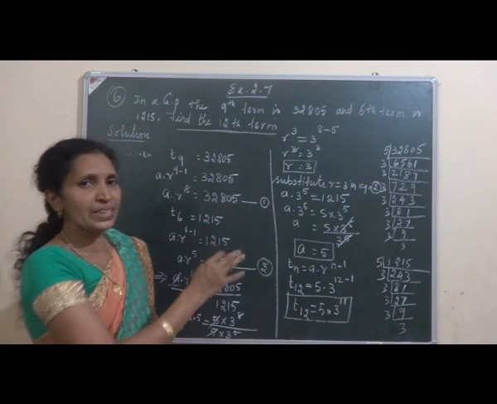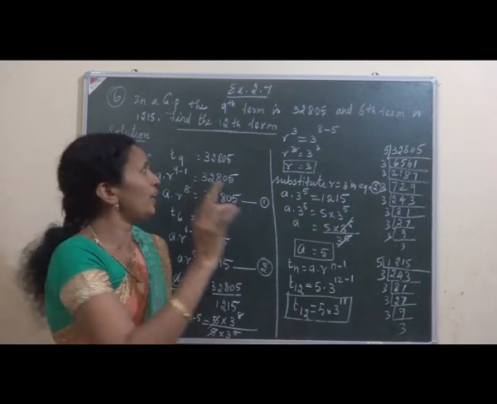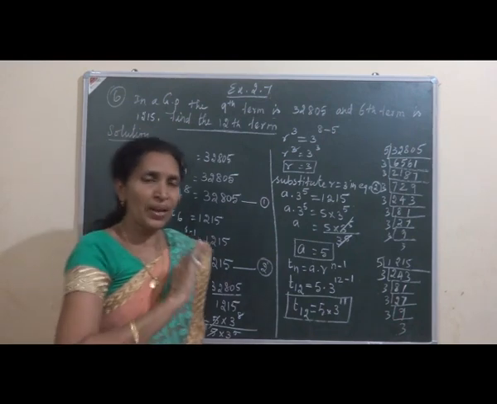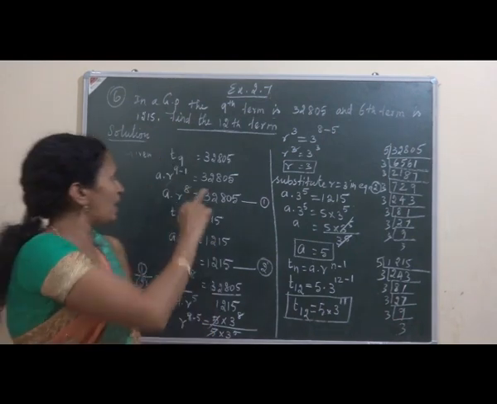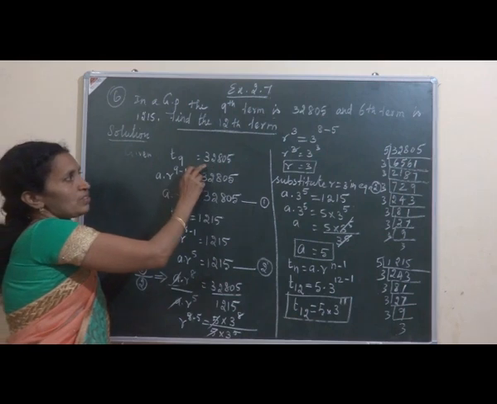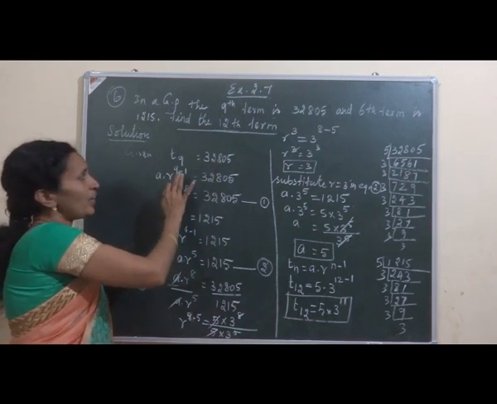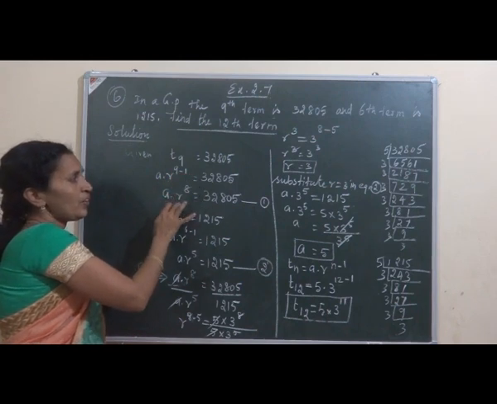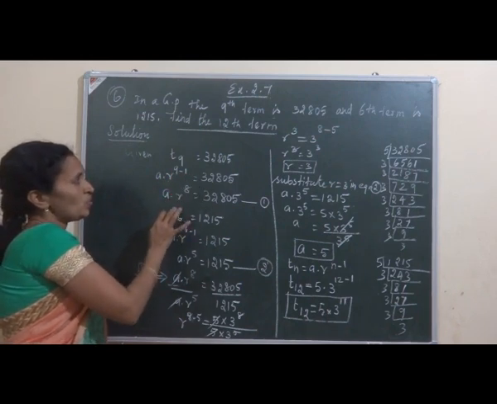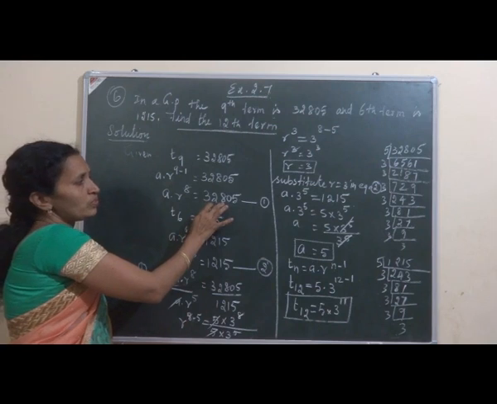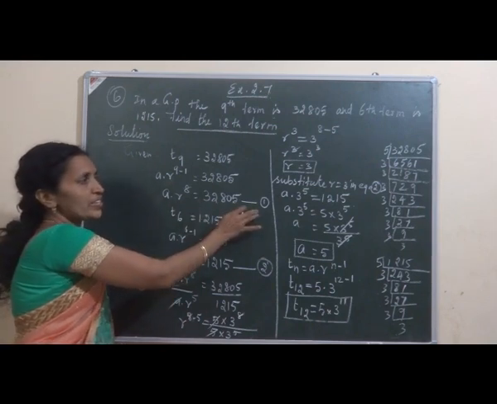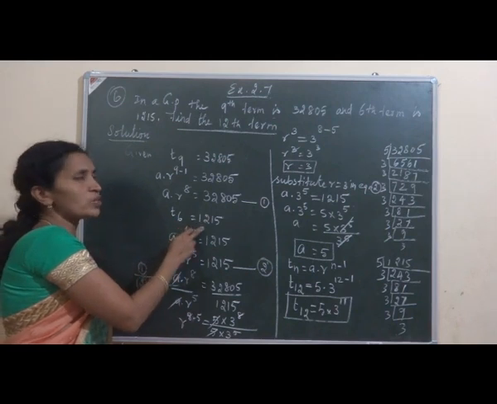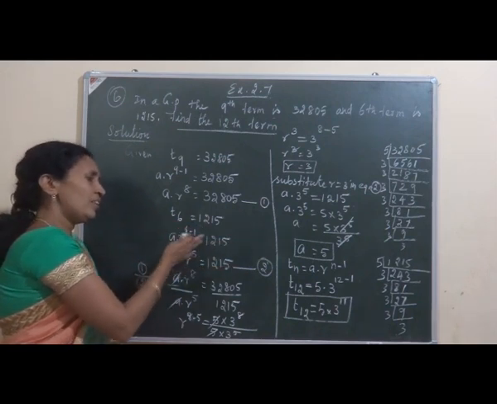The same method, same for the 6th term and 9th term they given. You apply the formula T9 equals 32,805. T9 means A into R power 9 minus 1, A into R power 8. So 32,805. This is equation 1. Next they said T6 equals 1250.